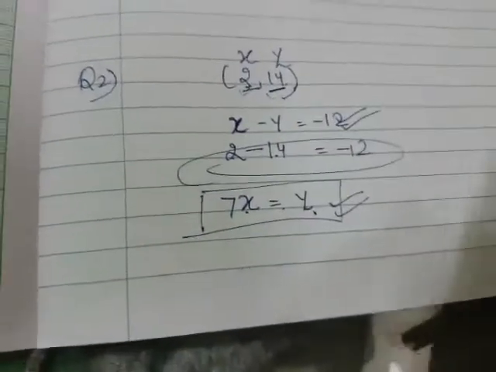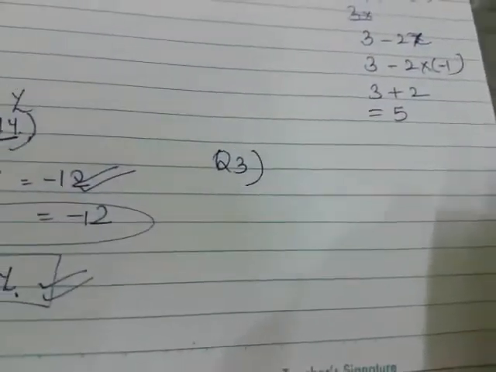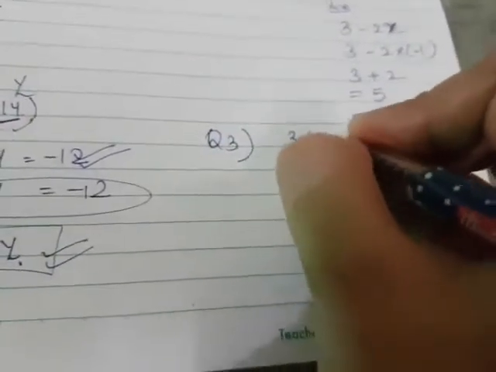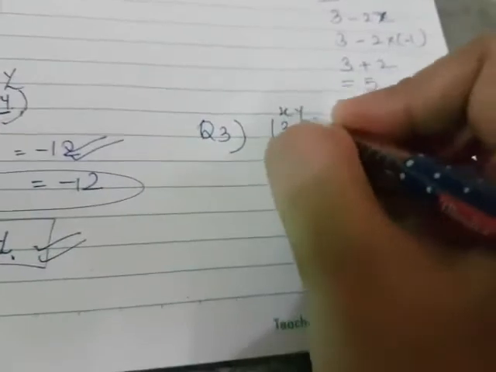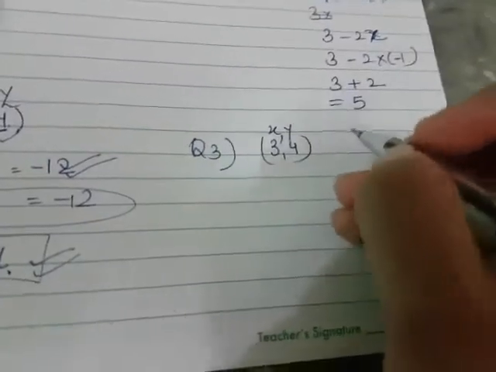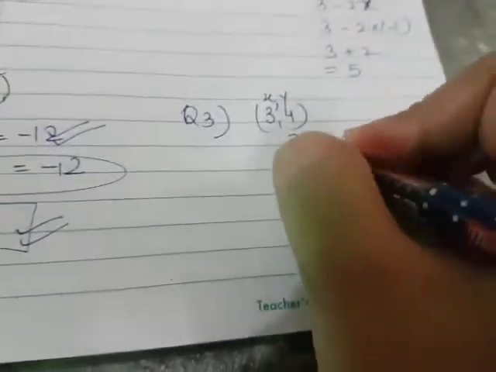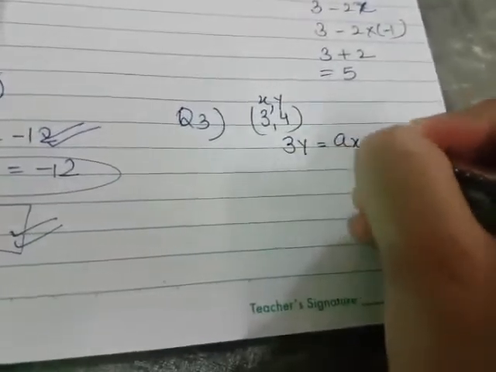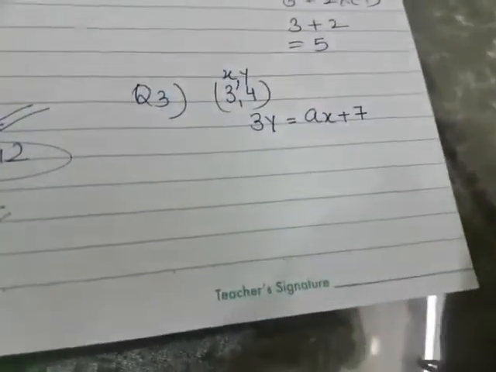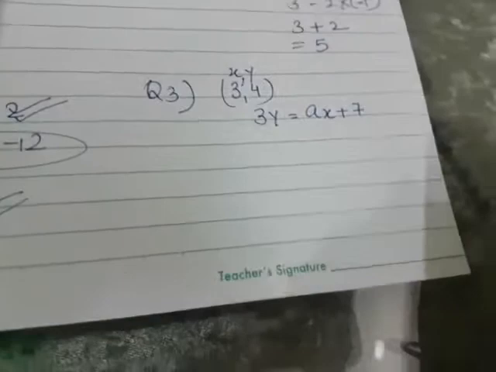Now the third question, we will start question number 3. Students, question number 3 is: if the point (3, 4) lies on the graph of the equation 3y equal to ax plus 7, find the value of a.